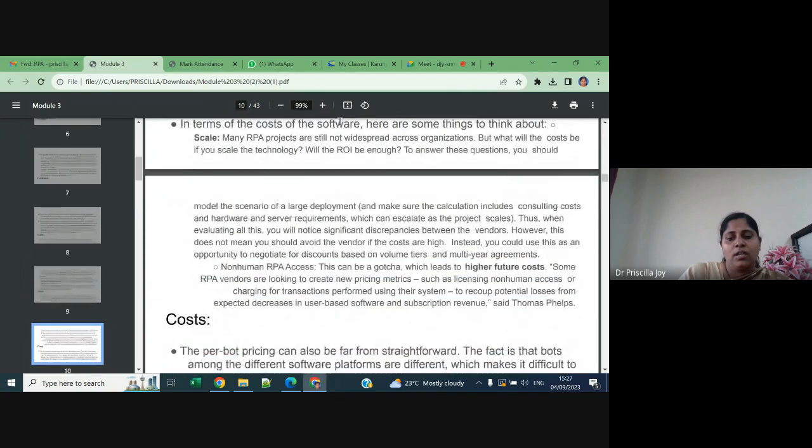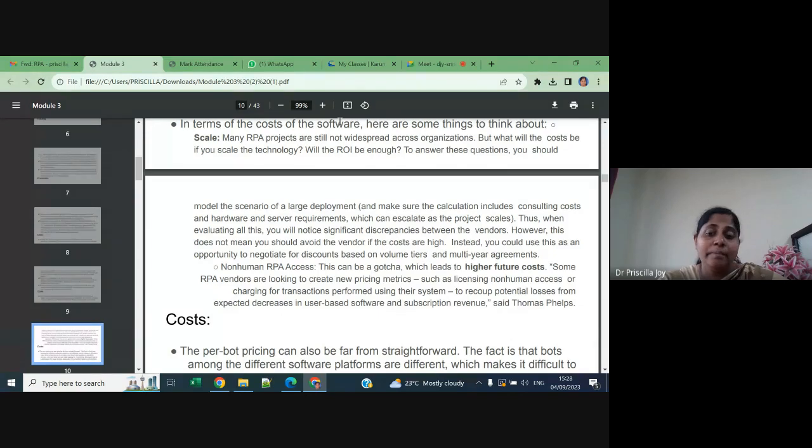And in terms of scale, in some cases we need only some amount of automation done. But when the scale improves, or the number increases, it is not that easy for us to afford that much software and related components.